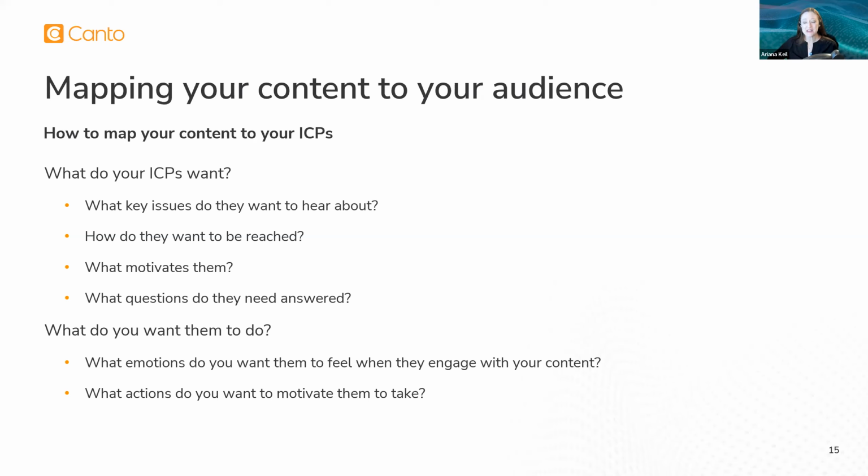That's because the most inspired piece of content, if it doesn't facilitate the emotional response you're trying to curate in order to motivate the action, is likely not only to fail, but it can cause more harm than good. So what actions do you want to motivate them to take? And how do you want them to feel when they do it?